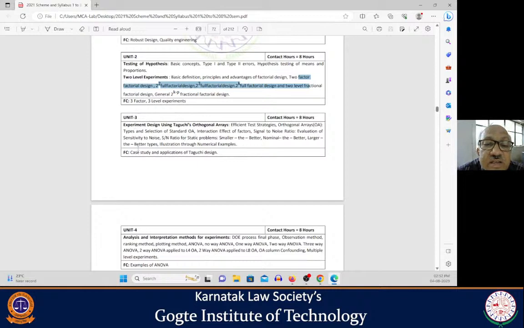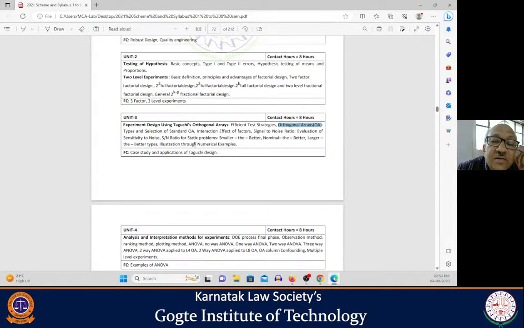And unit 3 is centered around Taguchi's principles, or Taguchi's orthogonal arrays. Genichi Taguchi was a Japanese mathematician and manager who did a lot of work and contributed enormously in finding efficient experimentation methods, and developed what are called OAs or orthogonal arrays.